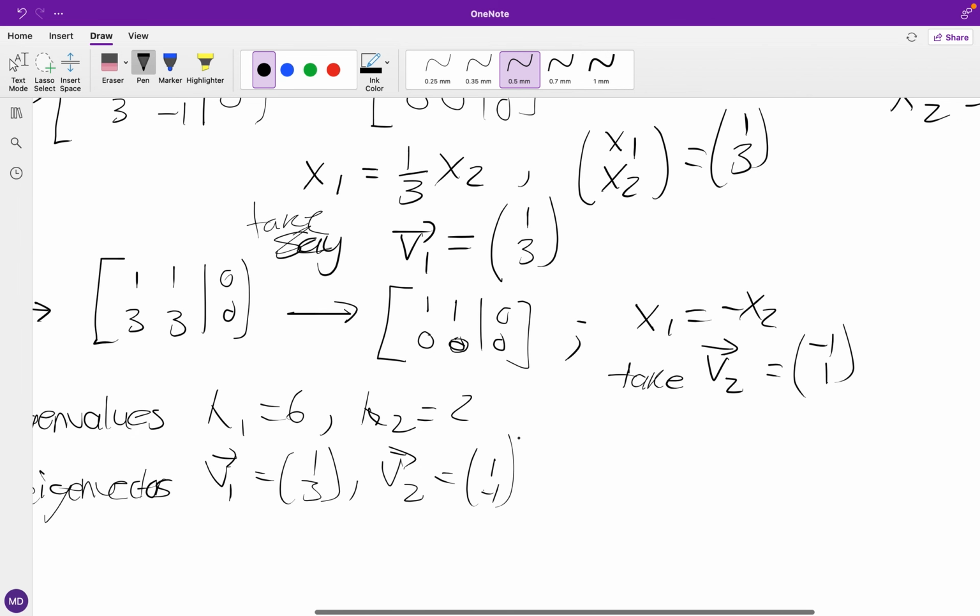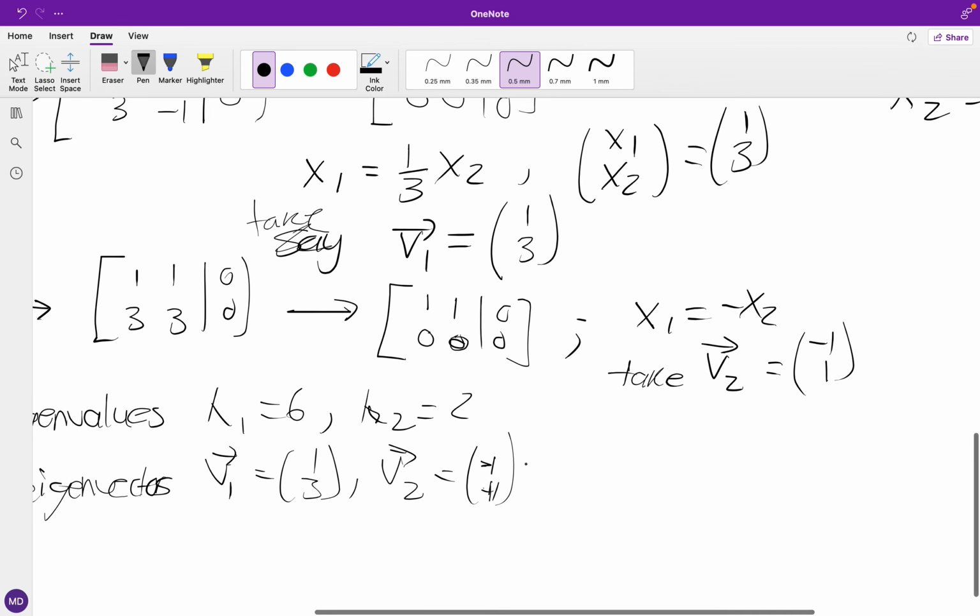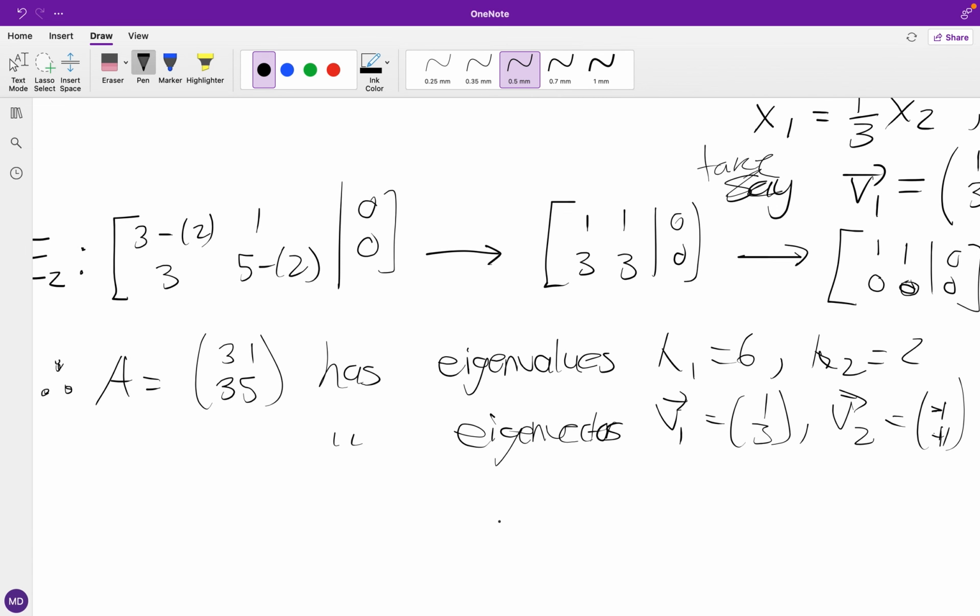I believe we took -1 and 1. No worries, same thing. And now let's consider how to solve the system of ODEs.